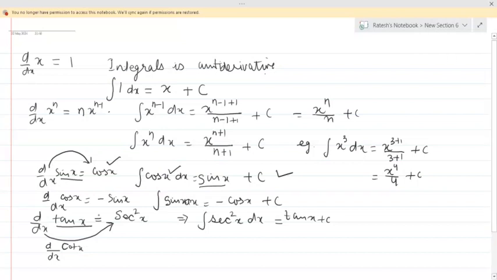It was minus cosecant square x. Then again similarly, the integral of cosecant square x dx is equal to minus cot x plus c.